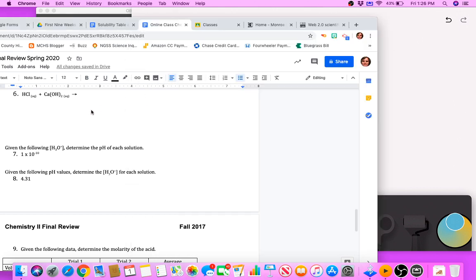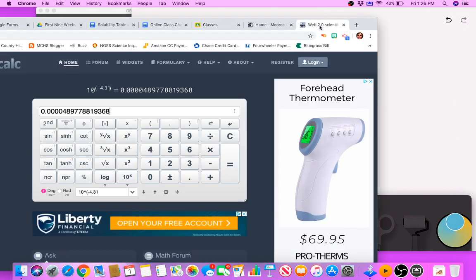And then we've got to finish putting this in scientific notation. So we're going to move that decimal until we get a number between 1 and 10, which will be the 4.89. So move it 1, 2, 3, 4, 5. Since we made the number bigger, we went from 0.00000489 to 4.89, we have to make our exponent negative.